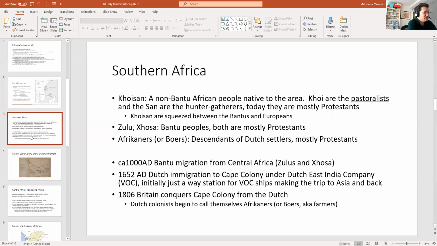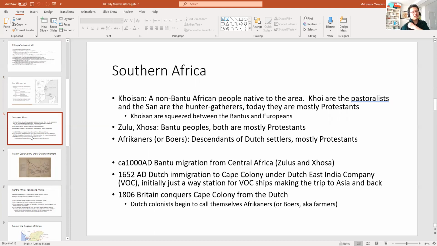All right. So why are the Dutch here? Well, remember the story about how the journey between Europe and Asia was so long that they needed to refuel, restock, and they also needed a place to settle so that they could eat good food and restore their health until they discovered the cure to scurvy, which is vitamin C. So the Dutch picked Cape Colony as the place to settle.